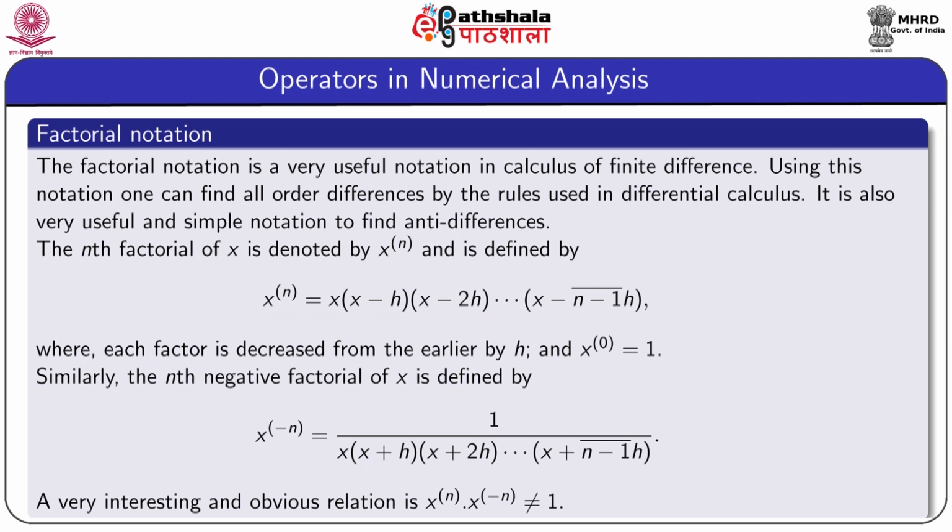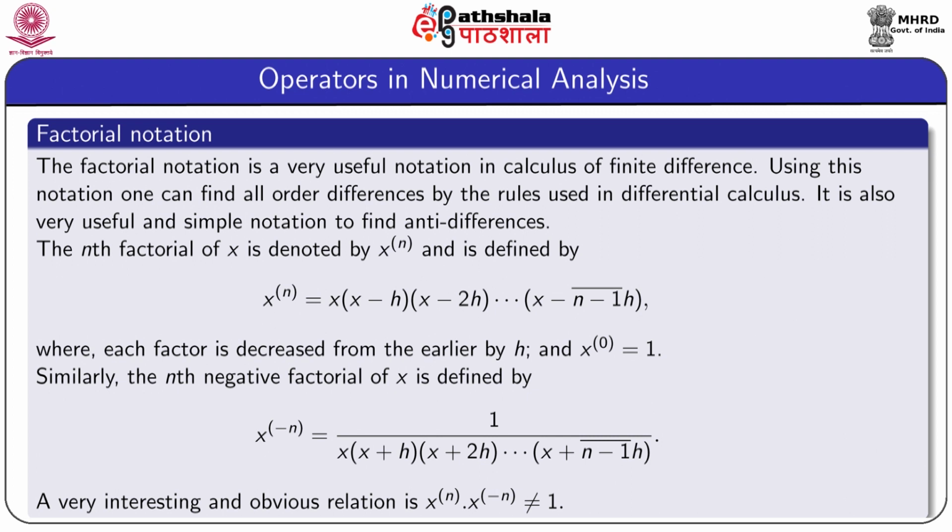That means, the right hand side contains n factors, that is why the power is denoted by n. Here we have denoted it with parentheses to represent the factorial power notation, but some authors use square brackets instead of parentheses.